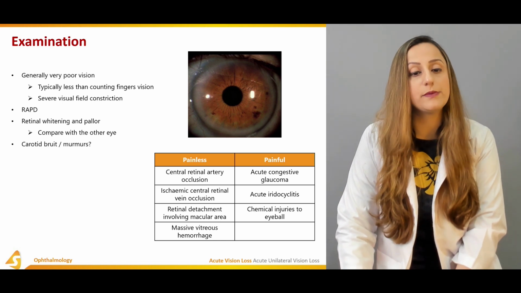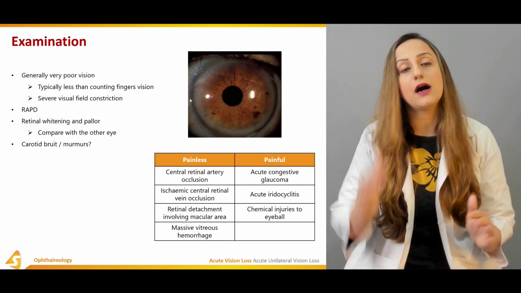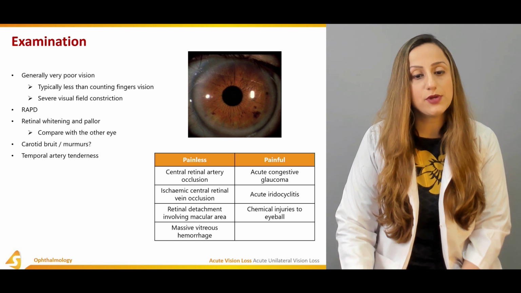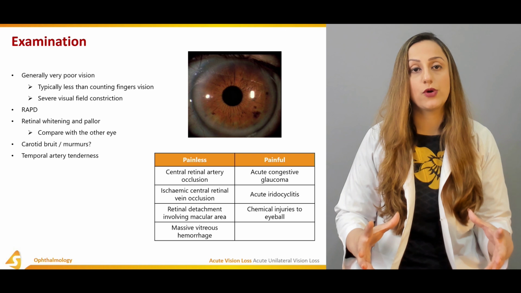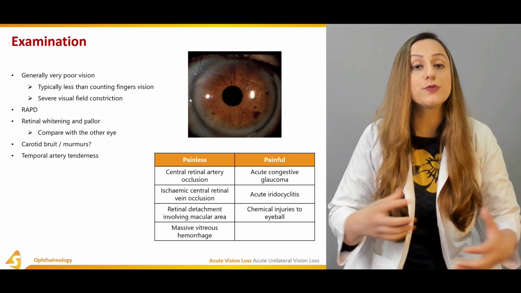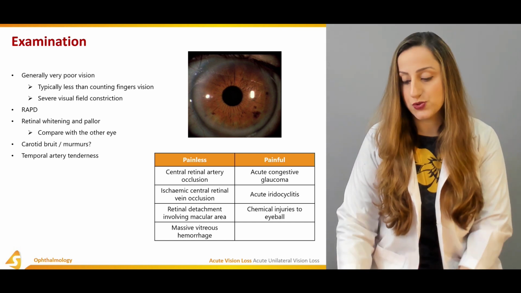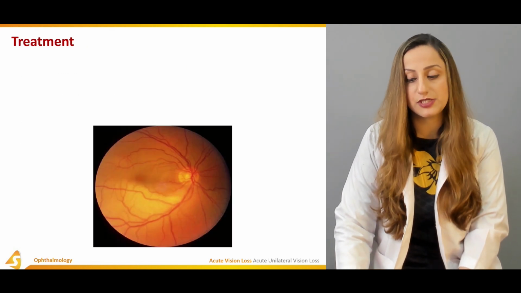Carotid bruit or murmurs are again going to highlight any retinal artery occlusions in that particular patient. So the temporal artery tenderness is also noted, if there is any scalp tenderness or the occipitofrontalis is affected in that particular patient. That is also noted down, and that is indicative of any inflammatory disease in that particular patient.